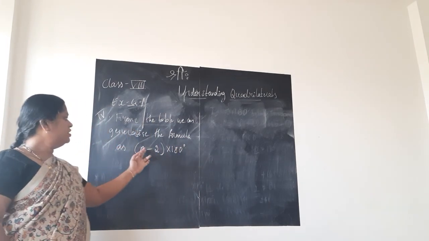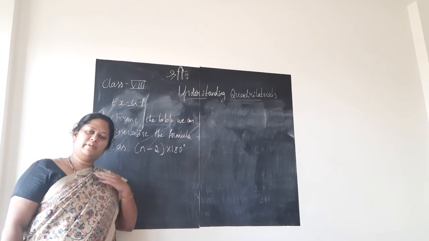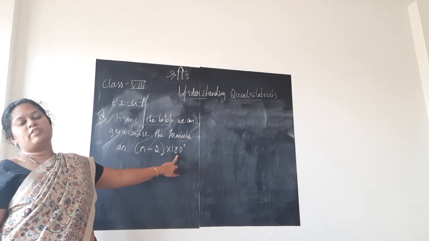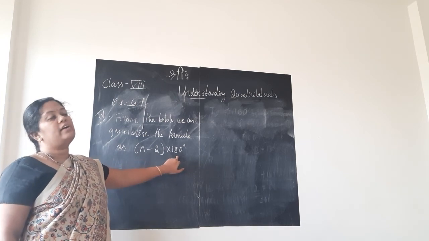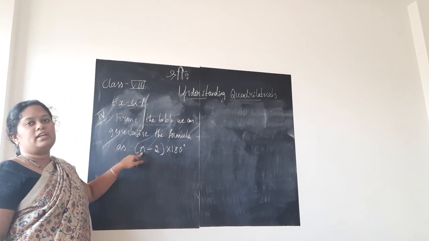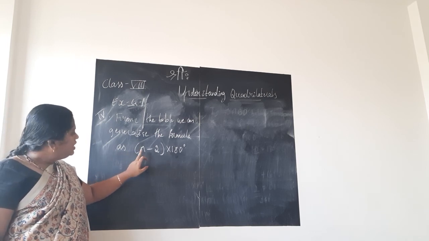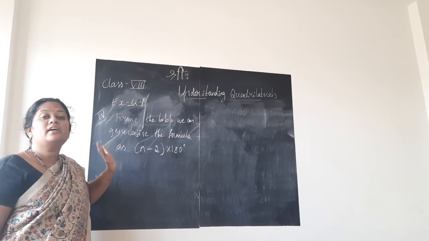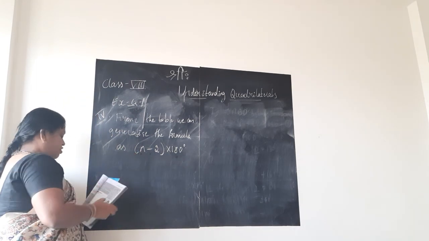Isn't it? Why n minus 2? For any given polygon, pentagon, hexagon, like that, 5 minus 2, 6 minus 2, 7 minus 2 we used to do. So this minus 2 is common, into 180 degree is common. Why 180 degree? We are considering basically the angle sum of the triangle. So it is 180 degree. Whichever polygon they gave, maybe 10, 12, 20, 100 sides, in place of n you need to substitute. That is the generalized formula we get by looking at the simplification of the table, children. So first we should write this formula.